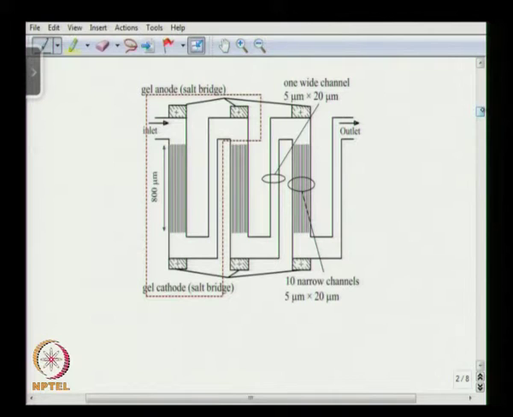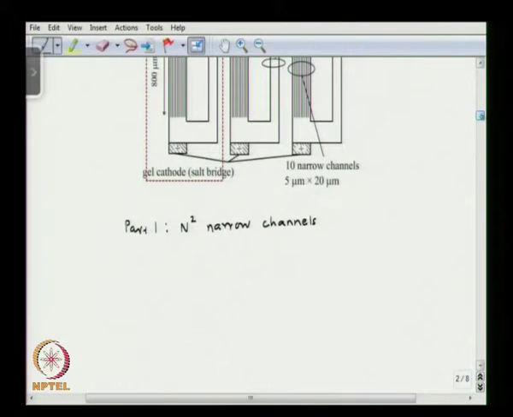So we say that part 1 of the channel has n square narrow channels, so we can say A1, which is the size of part 1 of the channel, is A2 divided by n.